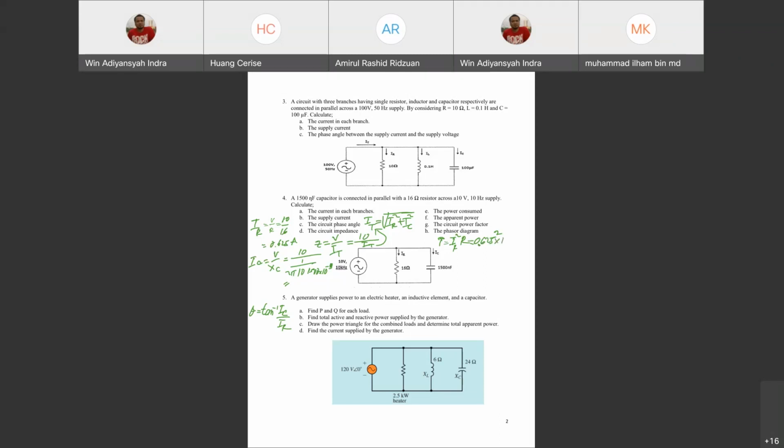So times 16. You get how many watts there?